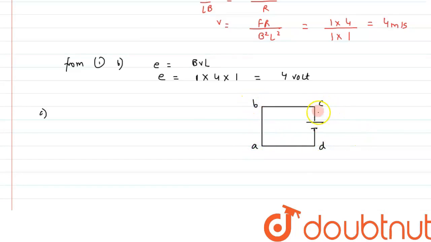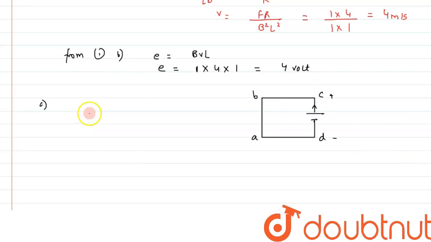Alright, so first let's talk about CD. Here we can see the current will flow in this direction. As we have seen, C is at positive potential, D is at negative potential. So the potential difference across CD can be given by the value I into RCD, and RCD is nothing but the resistance of the loop CD, which has been given as 1.